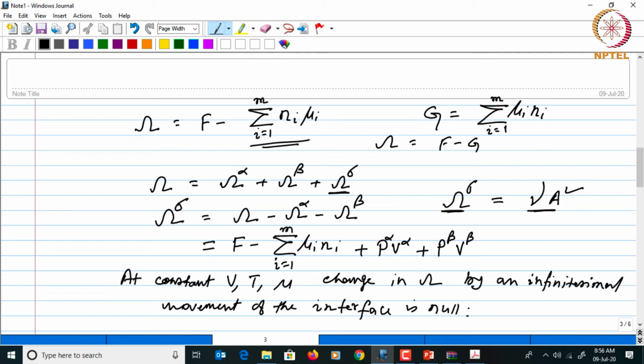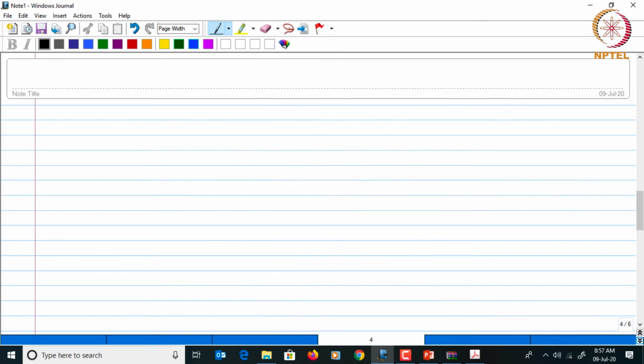What it basically means is d omega is 0. Okay, so if we differentiate this equation on both the sides and use this condition, then we will have this equation.